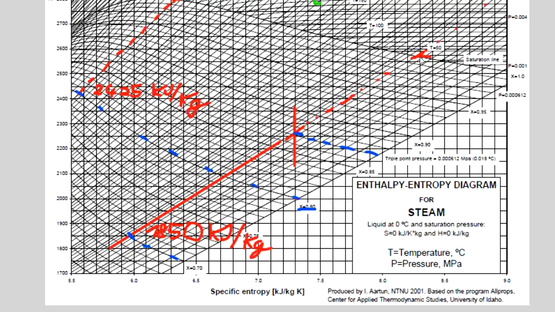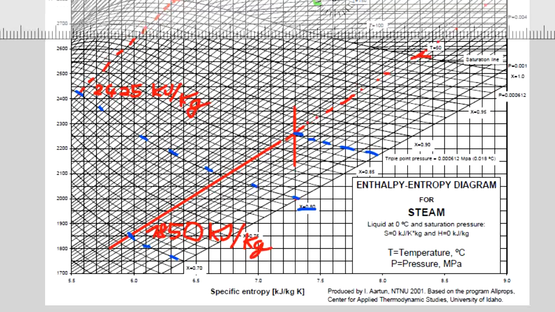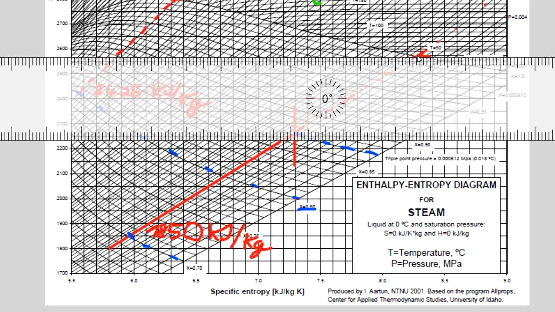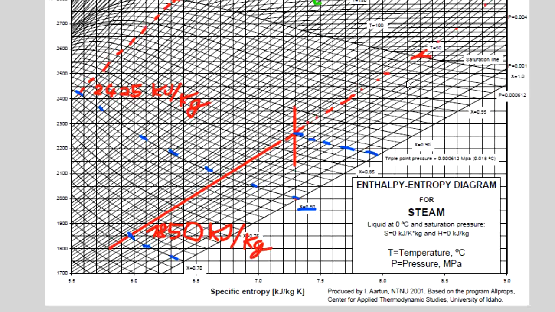For this point, we will read the value of the enthalpy on the y-axis. From this point over here, this is 2500, 2550. So the value will be approximately 2570 kilojoules per kilogram.